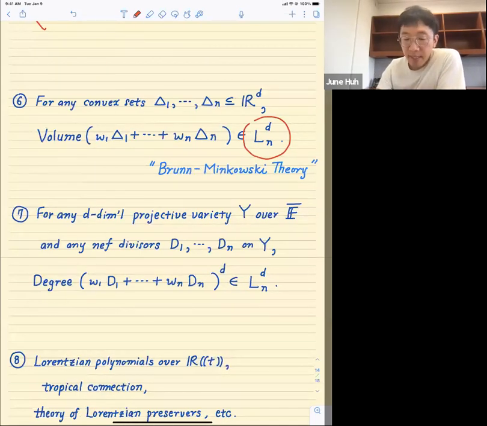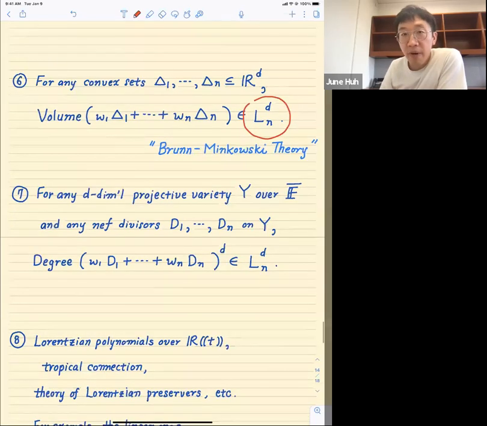And more generally, as I have told you before, and as you will immediately recognize, for any projective variety Y and nef divisors D_1 to D_n, the degree polynomial belongs to L^d_n as well.